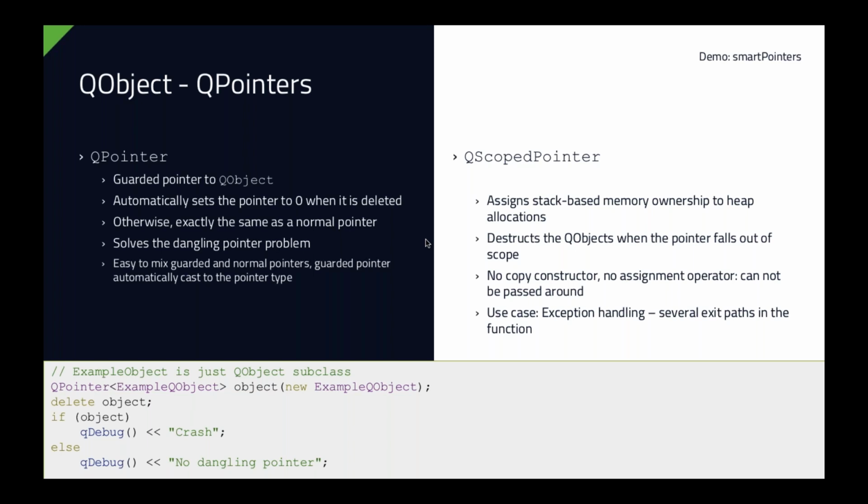Memory-wise, it takes up the same space as a normal pointer. The big difference, of course, is it will set the object it's pointing to null when that object is deleted. So if you look at the sample code here, when we delete that object, if the pointer is not set to null, which we're not setting in the code, then it would cause a crash if you try to use it. Otherwise, it will give you no dangling pointer.